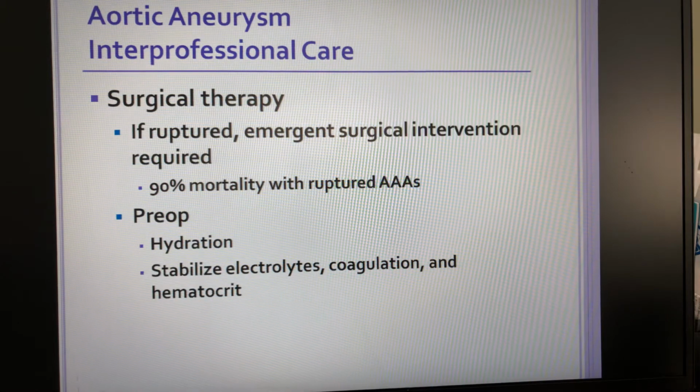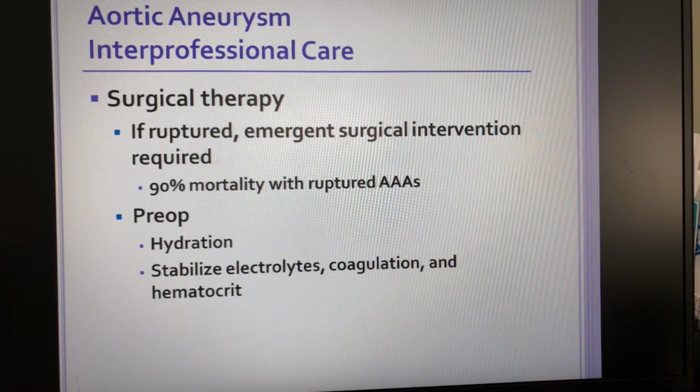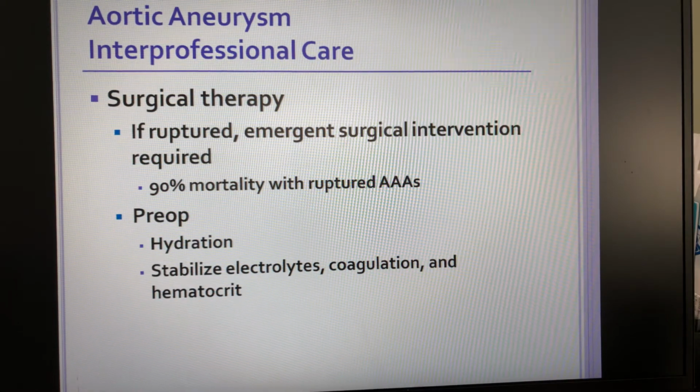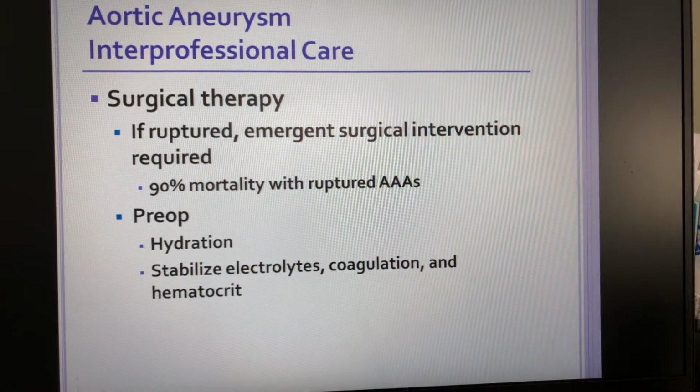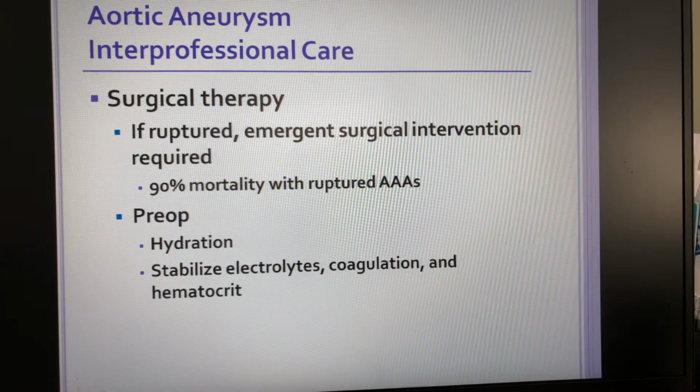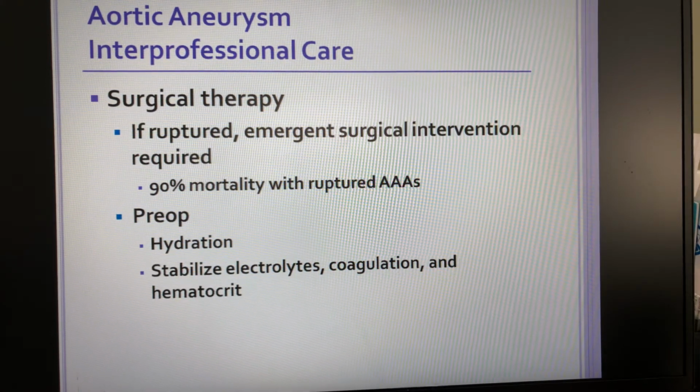For elective surgery, the patient needs to be well hydrated, and any electrolyte, coagulation, or hematocrit abnormalities are also corrected preoperatively.